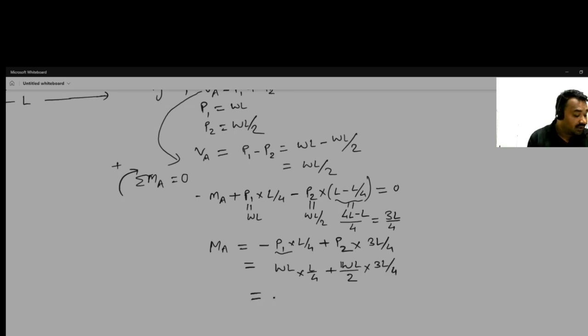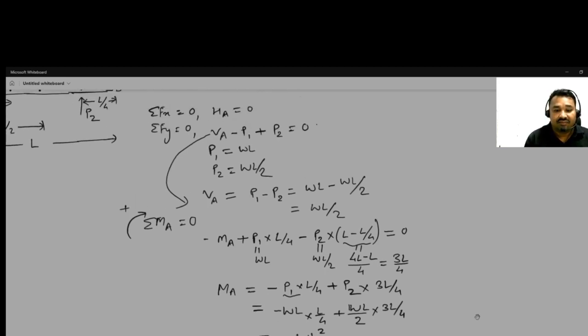So what we get, MA is equal to, with minus sign, WL square by 8. So all the reactions we have found out.